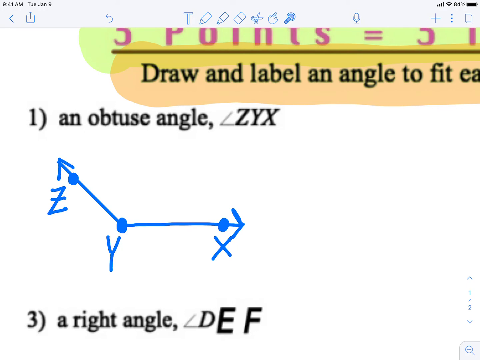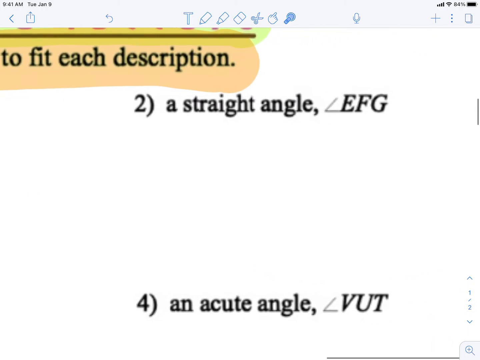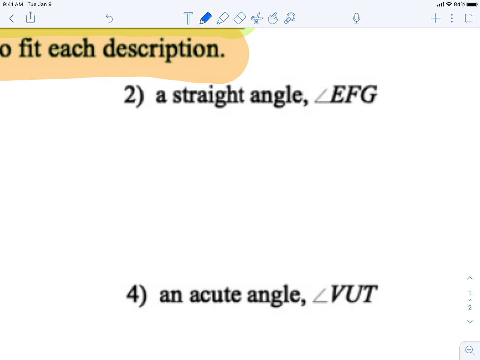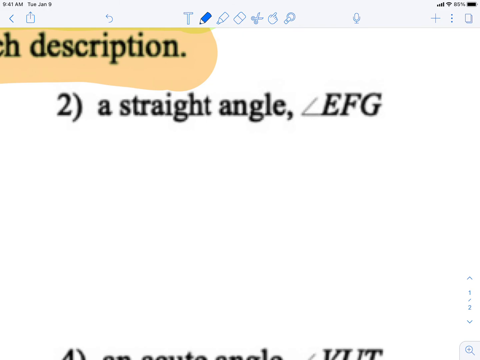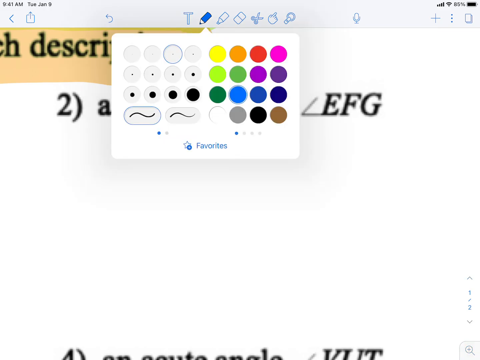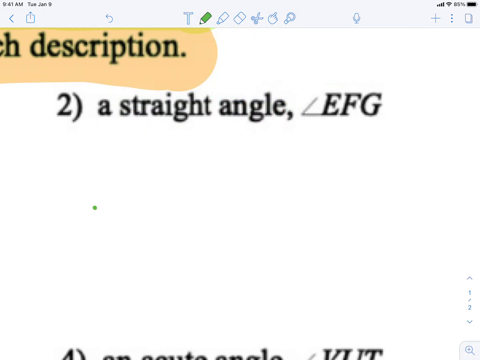Okay? Let's go to number 2. Number 2 says a straight angle EFG. Well, this one's easy, right? Drawing a straight angle. F is my important letter. F is going to be in the middle right here.